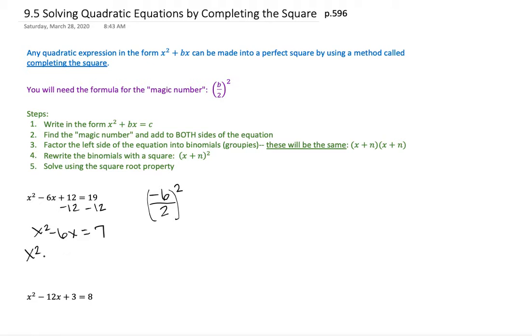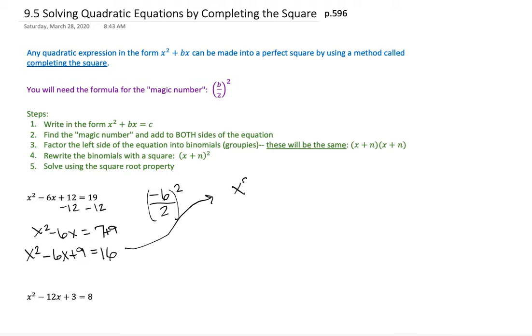So on the left side, it'll look like this. And on the right side, you are literally just adding 9 to that. So it says 16. Then what you want to do is take a look at your left side. I'm going to rewrite this up here so I have a little bit more room.